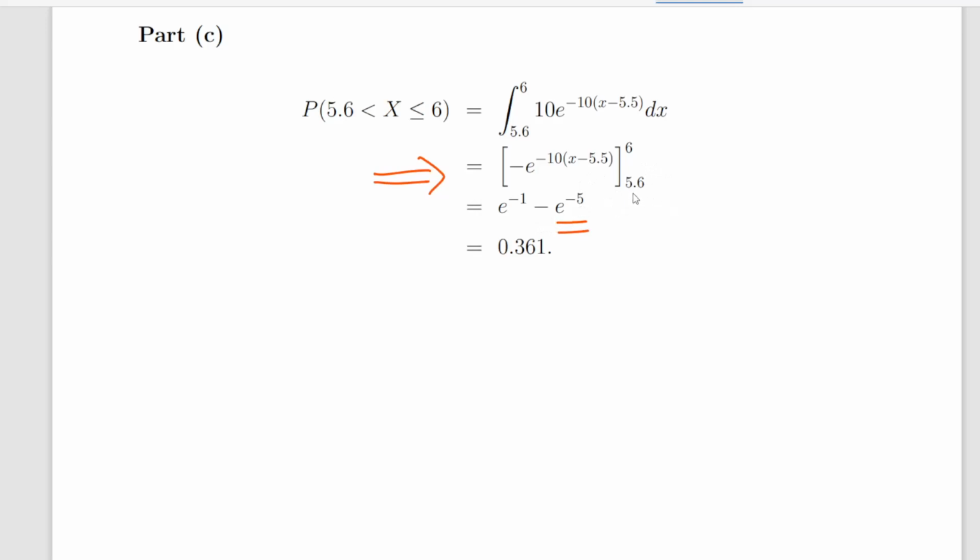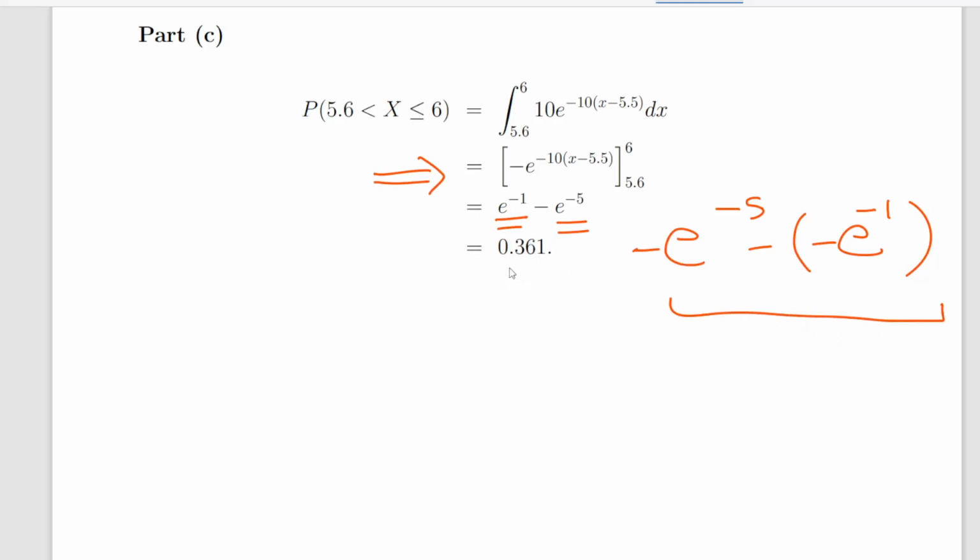When we evaluate at 5.6, we get minus e to the minus 10 times 0.1, which is e to the minus 1. So going in the correct order, we get this. Rearranging it algebraically, we simplify it out. We get e to the minus 1 minus e to the minus 5. It's essentially this expression just tidied up. A bit of calculator work, and we get 0.361. So that's it. That is using probability density functions.